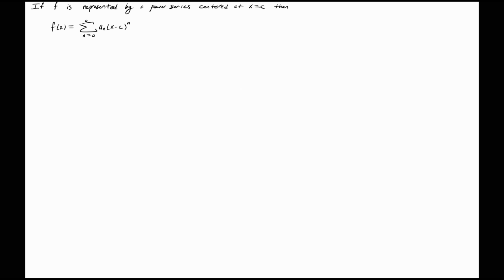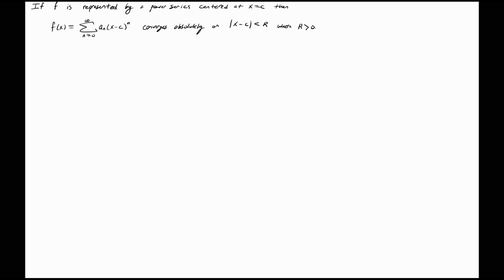What we're really saying here is that this series converges absolutely on |x - c| < R, where R is some positive real number. So we're going to assume that this series converges absolutely in this interval of convergence, and it gives us the value of f.